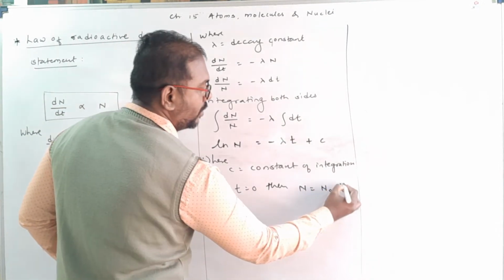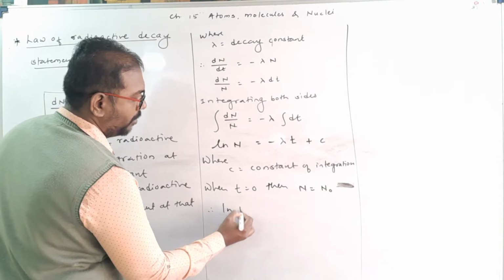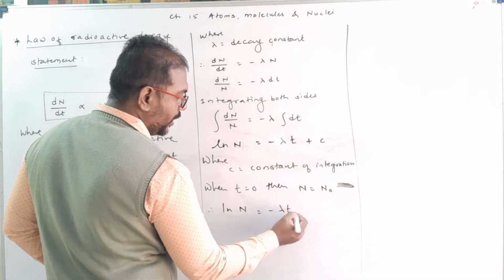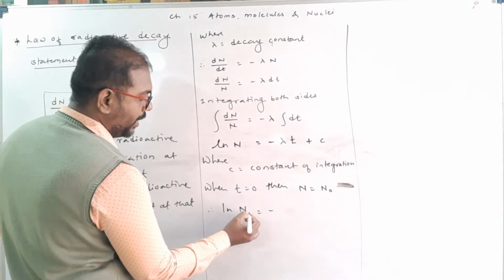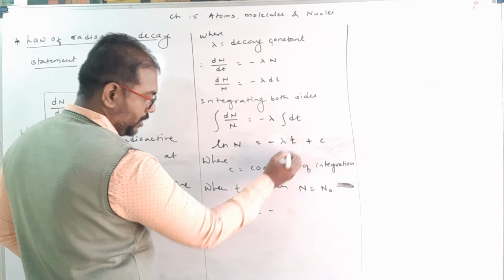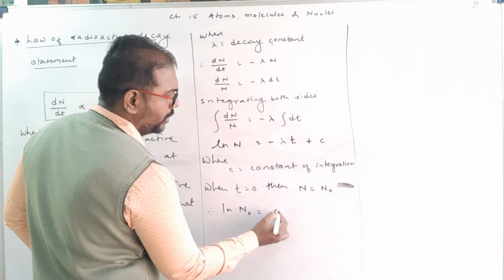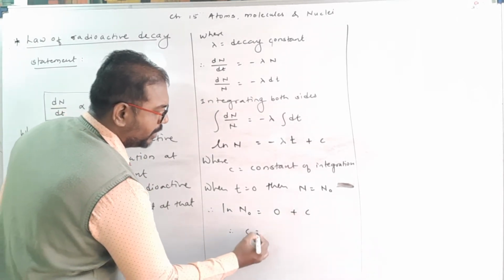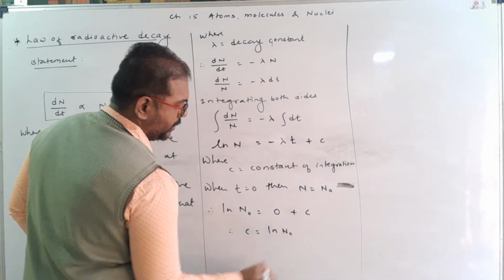Hence ln N is equal to minus lambda t plus c. I have to substitute these values: instead of N, N0, so ln N0, and instead of t, 0, so minus lambda into 0, plus c. So we get the value of c. Hence c is equal to log of N0.